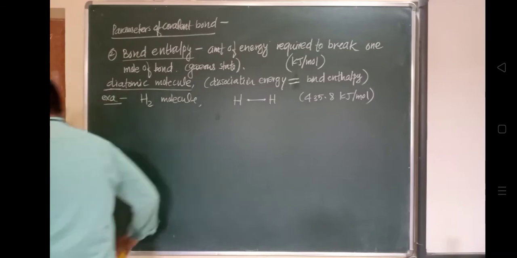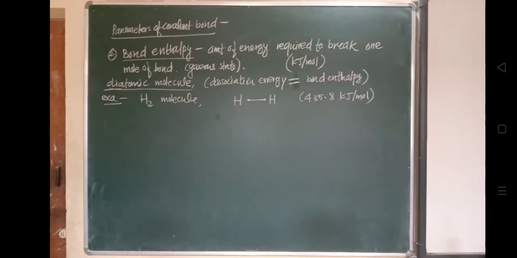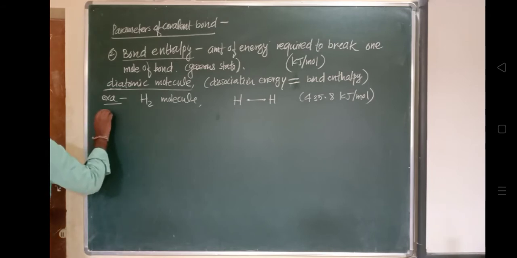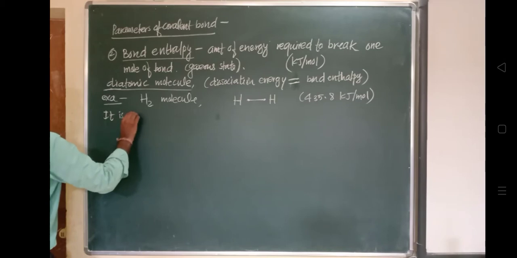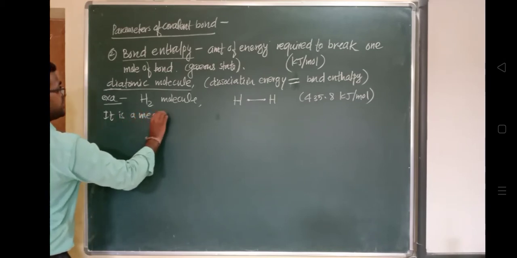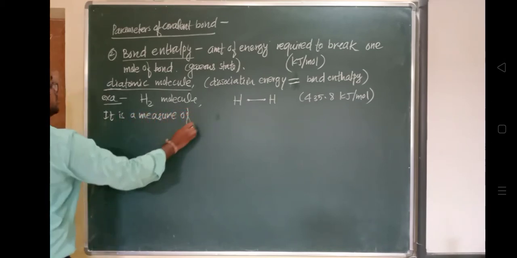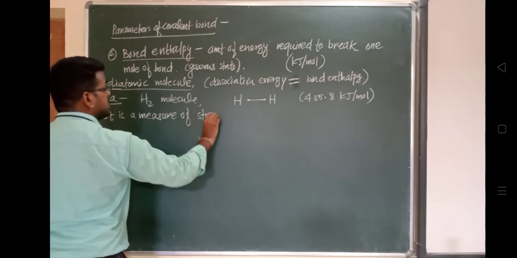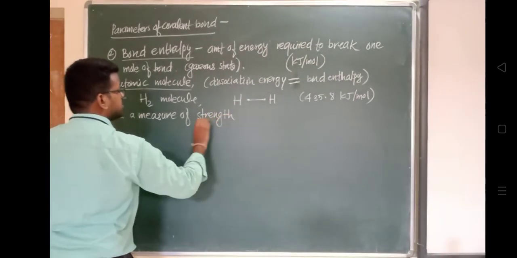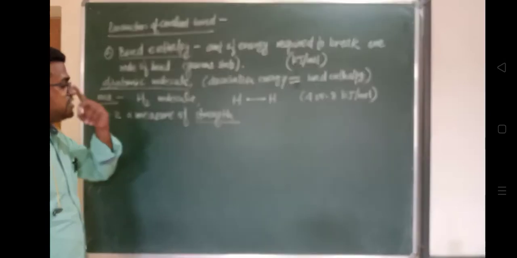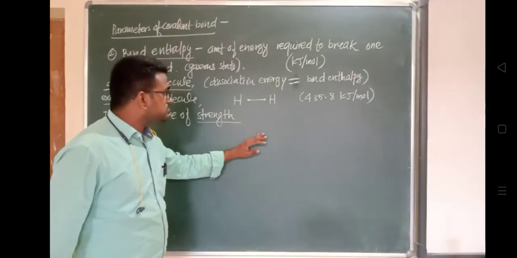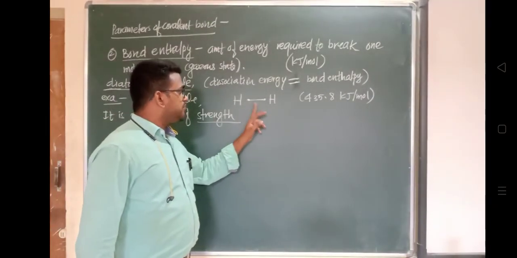Consider this is a bond which is present between these two hydrogen atoms. This amount of energy tells us how strong the bond is. If more energy is required, the bond is stronger. If less energy is required, the bond is weaker.